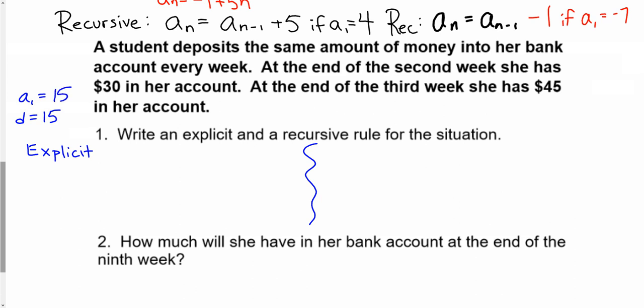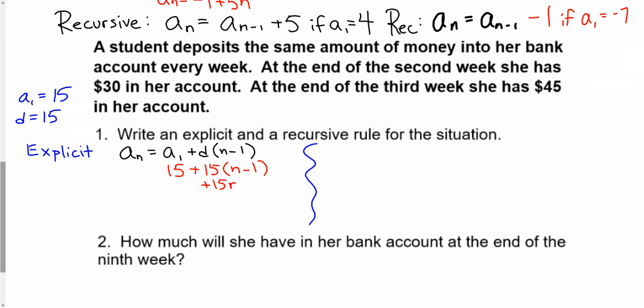So for the explicit rule, A sub n equals A sub 1 plus the difference times n minus 1. Plug in the two values. 15 plus 15 times n minus 1. So we distribute that.